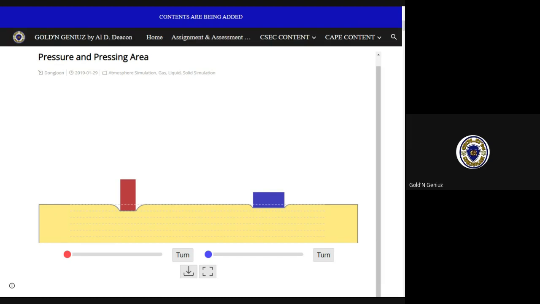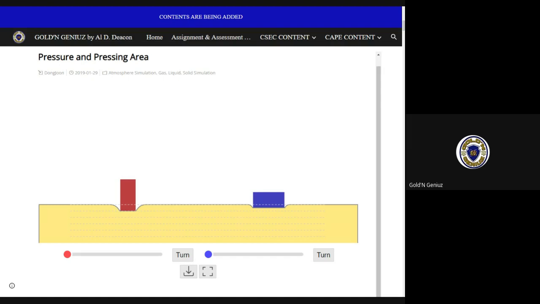Look at it. From the equation, P equals F upon A, we know that if A increases, P will decrease. So if area increases, then P decreases, which is what we're seeing in the blue. The surface area for the blue is greater than that for the orange.